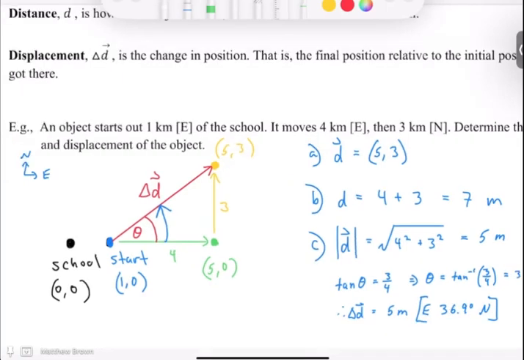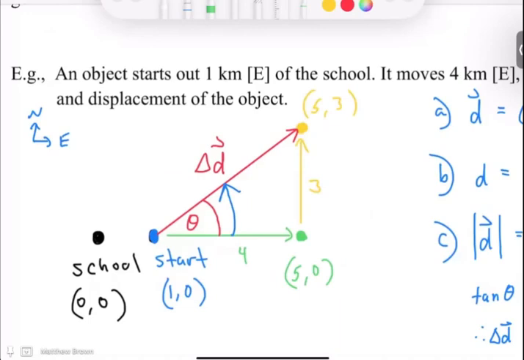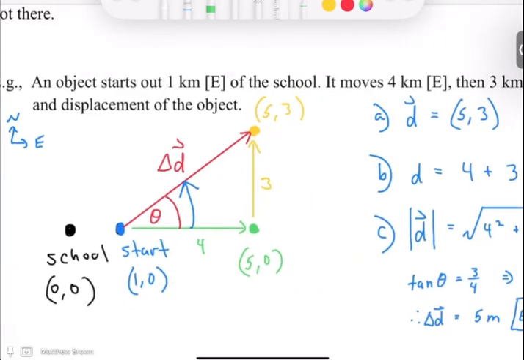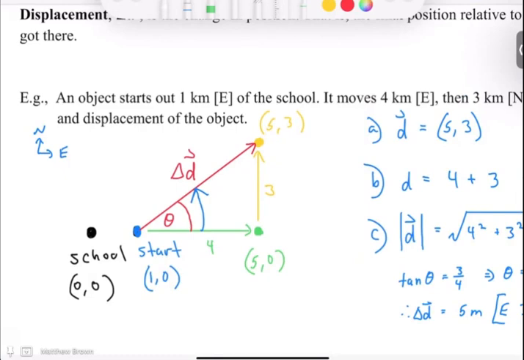Yeah, so just as to the 5, 3 up here, I assigned a value 0, 0 to the origin. Since the question was worded that way though, since it said it starts at 1 kilometer east of school, I took that to be something significant.